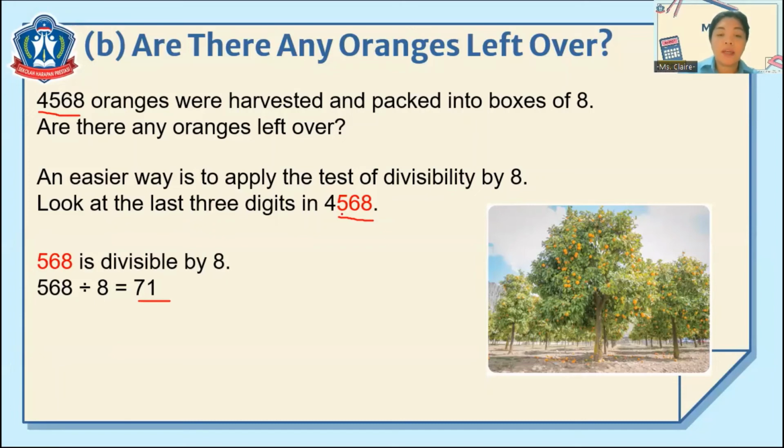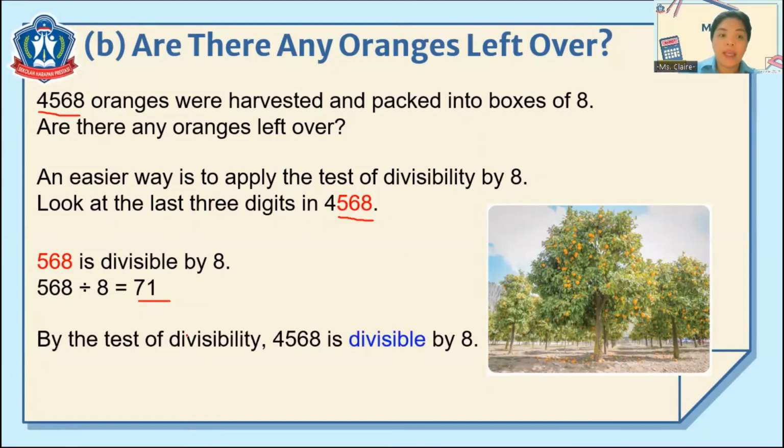So if we divide 568 by 8, it will give us 71. Therefore, this whole number is divisible by 8. And if we divide 4,568 by 8, it will give us 571.